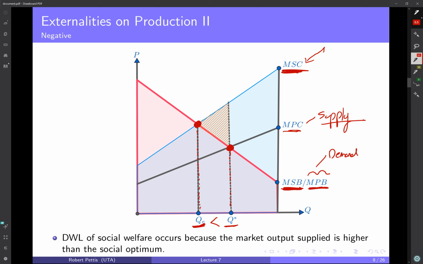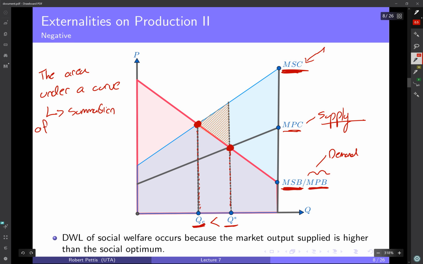That method is that the area under a curve is really just the summation of the values of that curve. For example, I use this red color to represent the area under the marginal social benefit curve.